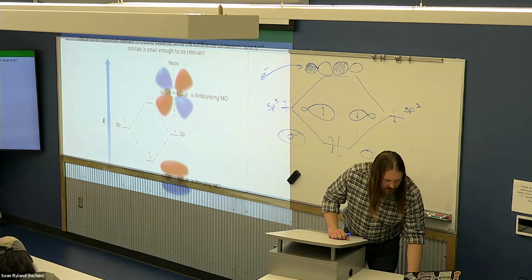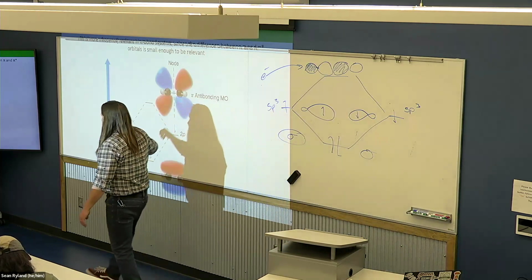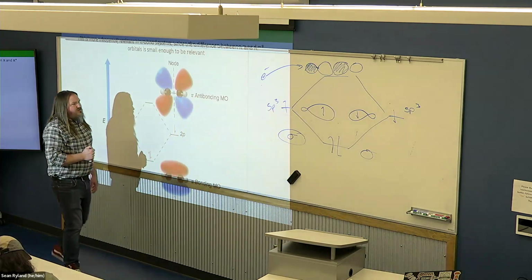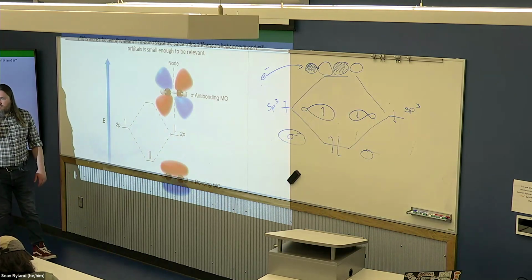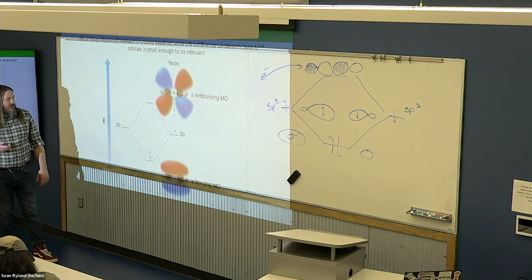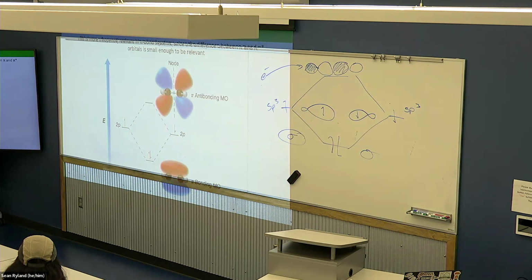And what you'll notice, the other thing you'll notice, is that for a bonding orbital versus an anti-bonding orbital, you're always going to be adding one node to go from a bonding orbital to an anti-bonding orbital. So here we have one node, and that one node is where the sigma bond is, right?